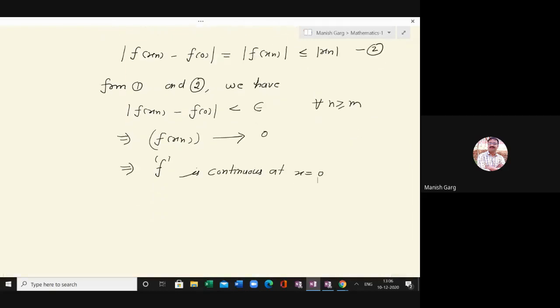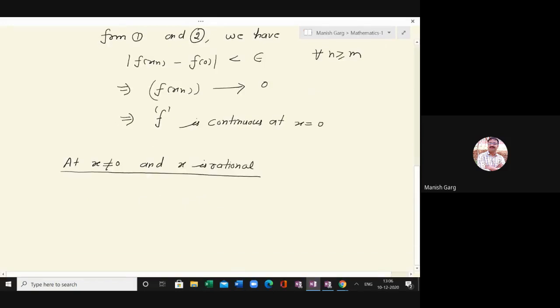Now, second, I am doing at x is not equal to 0 and x is rational. At x is equal to 0 I have done. Third, I will check when x is not equal to 0 and x is irrational. In this way I check the continuity in R. So what I say, choose a sequence.